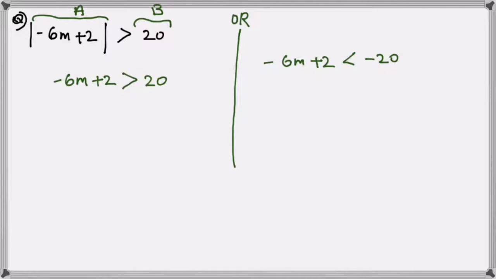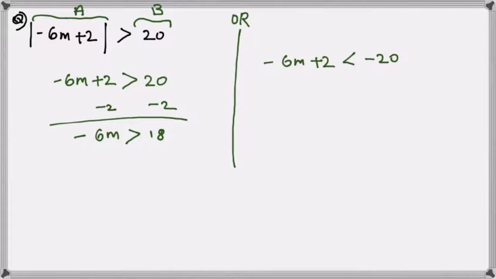Let's go ahead and solve both of these. So let's subtract 2 from both sides. It will be negative 6m greater than 18, and then divide both sides by negative 6.